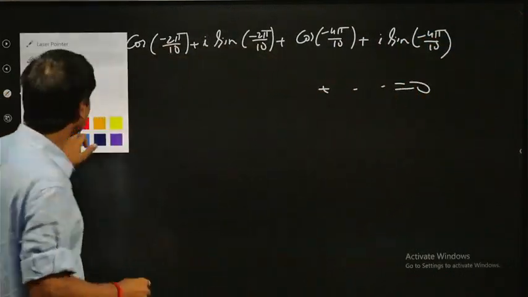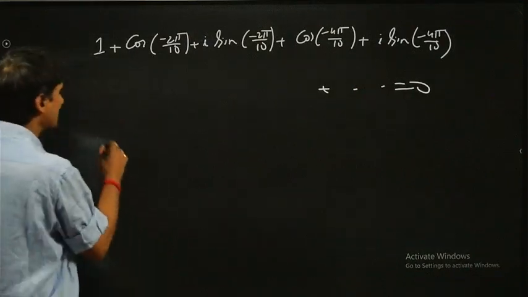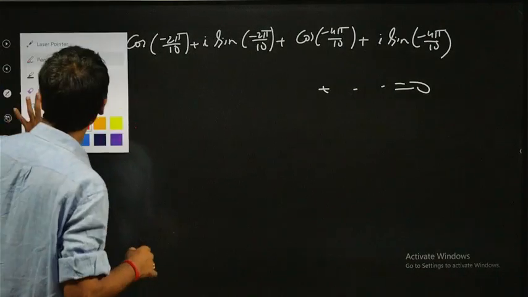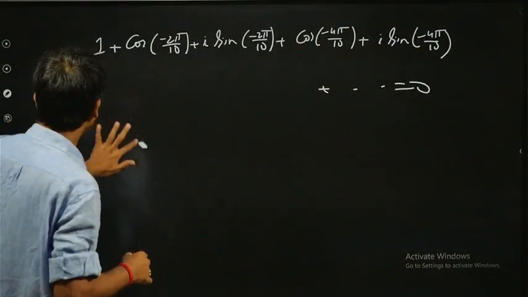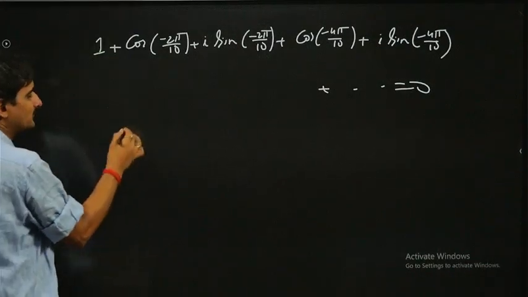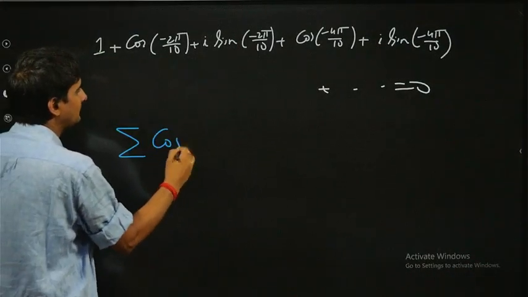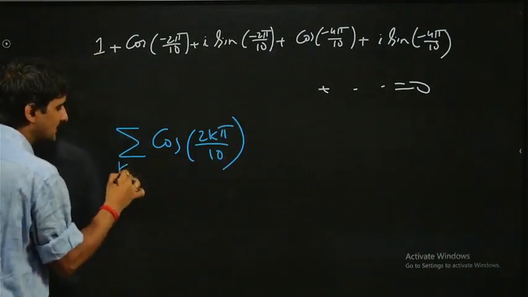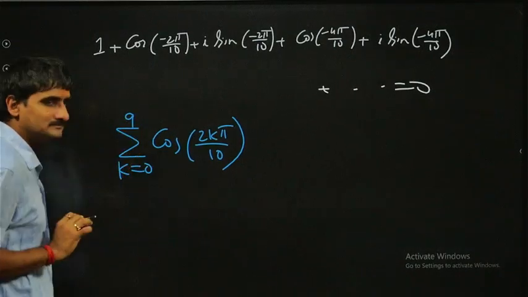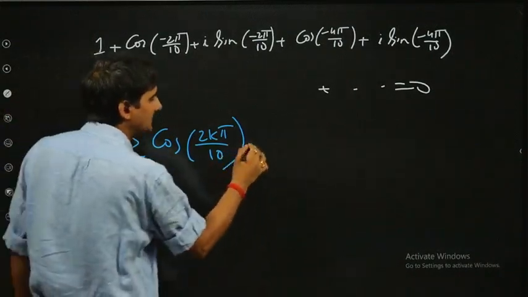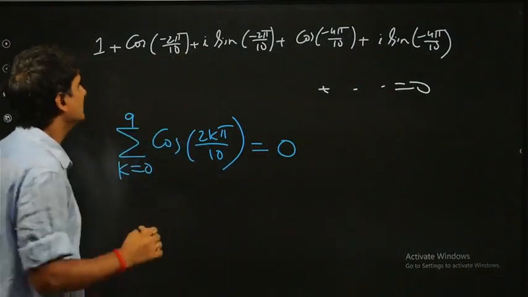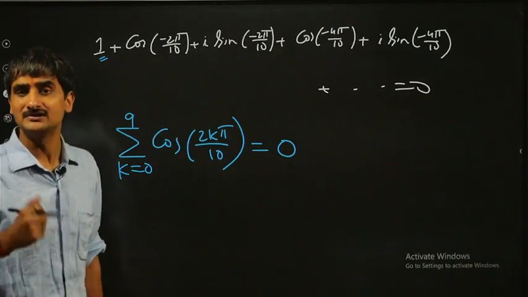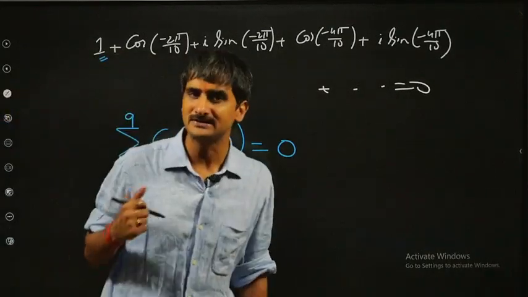If I collect just the real part, or if I write it in terms of summation, that will save some time also. So the summation is cos of 2k pi by 10, where k goes from 0 to 9. And this is 0, because 1 is cos 0 pi by 10 and iota sine 0 is 0, so we don't need to mention it.